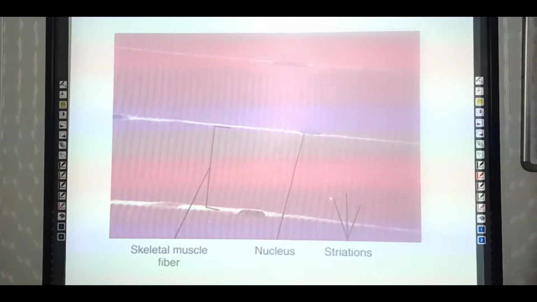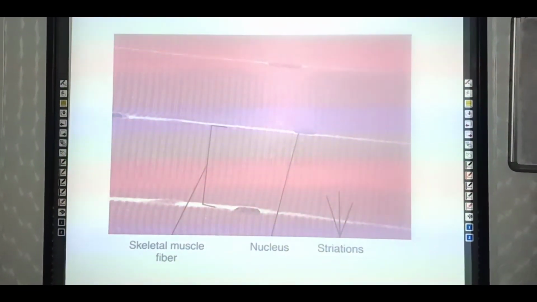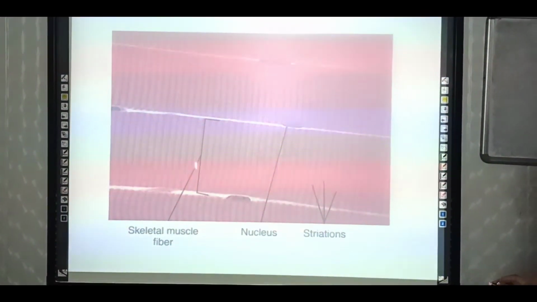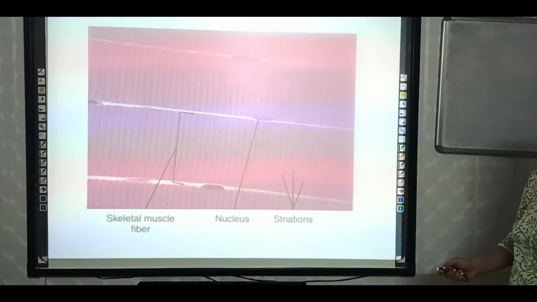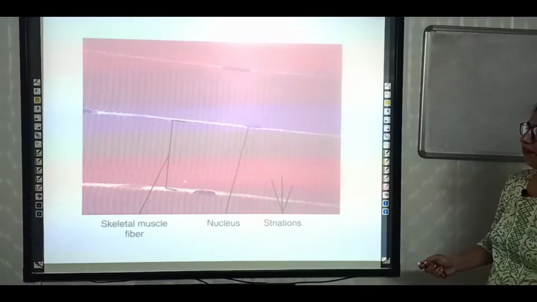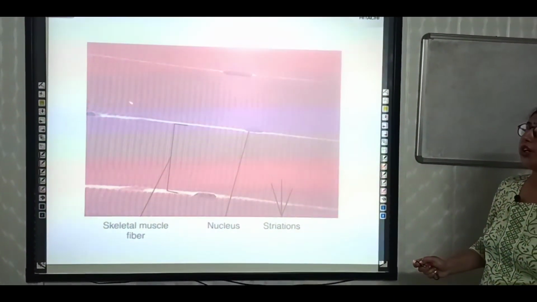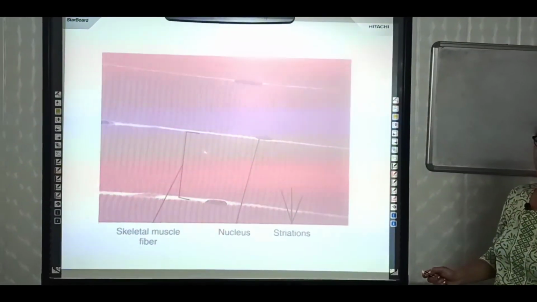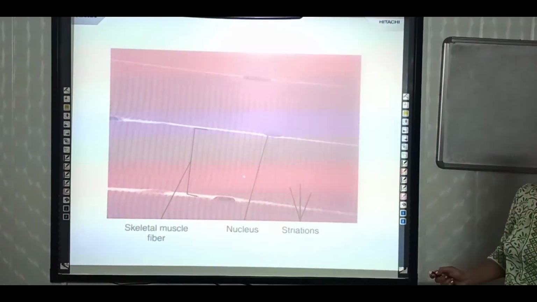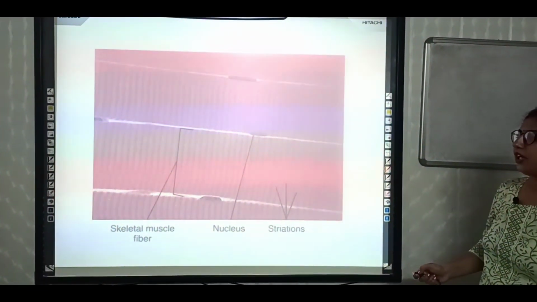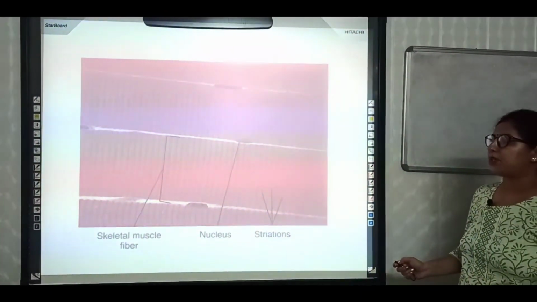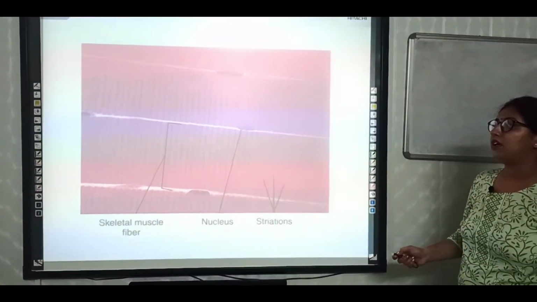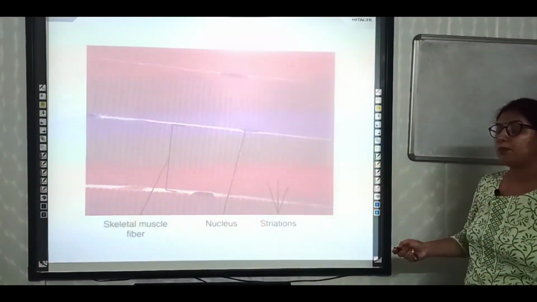All the voluntary actions which are in our control occur due to these skeletal muscle fibers, because they have these striations and the contractile proteins, actin and myosin. That contractile protein, actin and myosin, helps in the contraction of the muscle, which helps us in the movement.